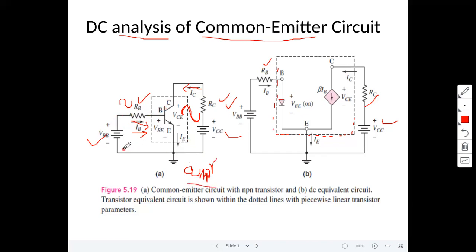With the help of the known quantities, VBB, VCC, and the two resistor values RB and RC, we have to find three unknown quantities: IB, IC, and VCE. Finding the unknown quantities in the circuit, like currents and voltages, is nothing but an analysis.